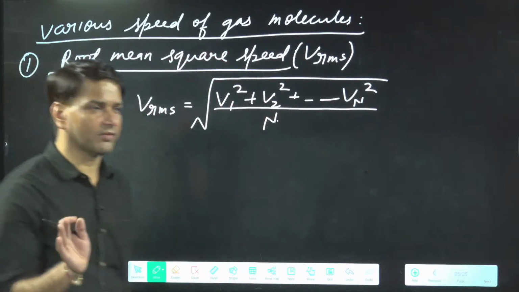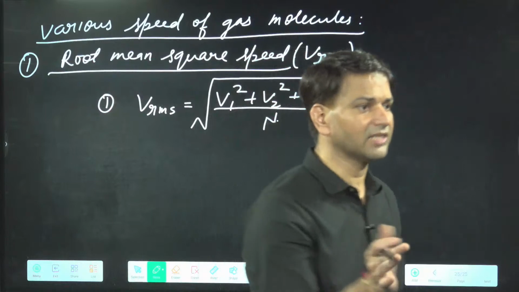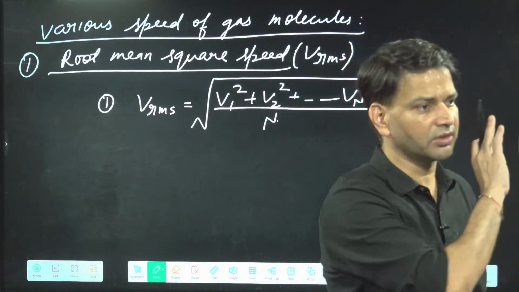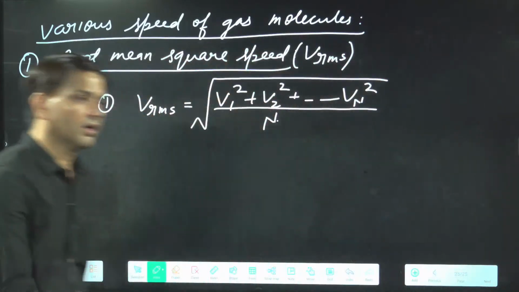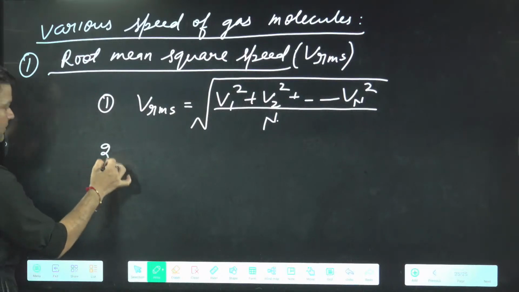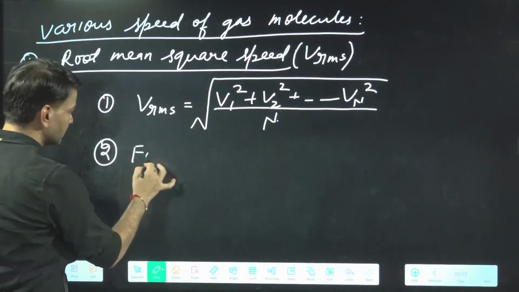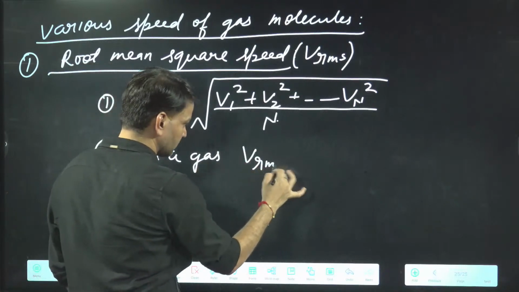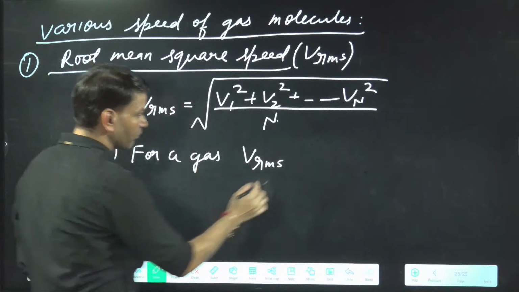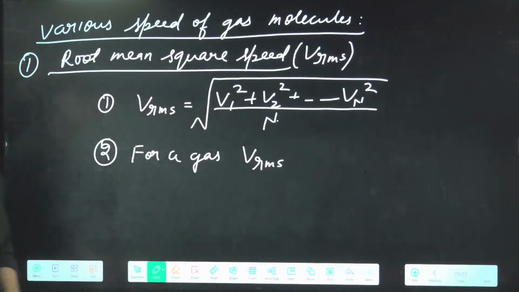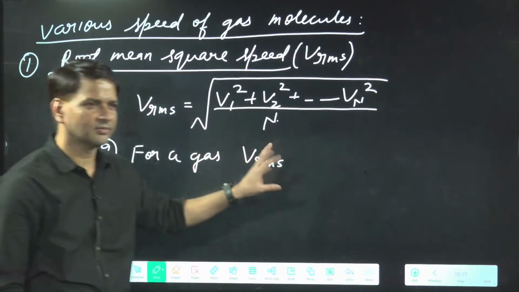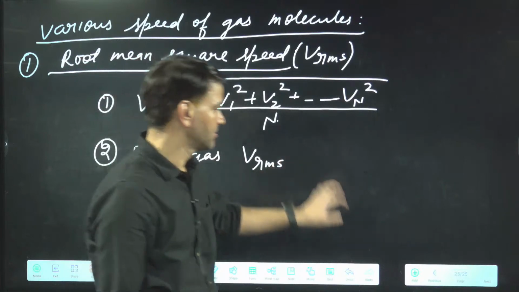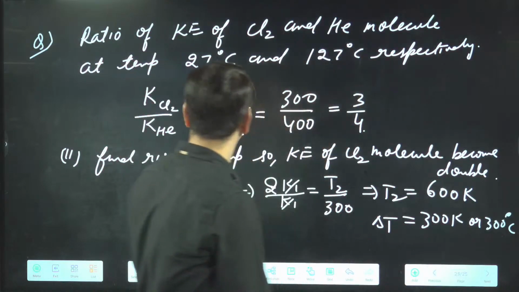If they give V1, V2, V3 values and ask for the RMS speed, we will use this relation. Now second, for a gas, derivation not required now. If it is required, then you can see here.